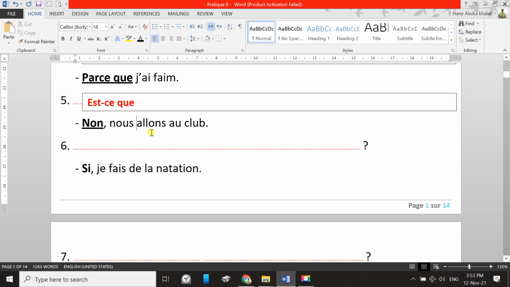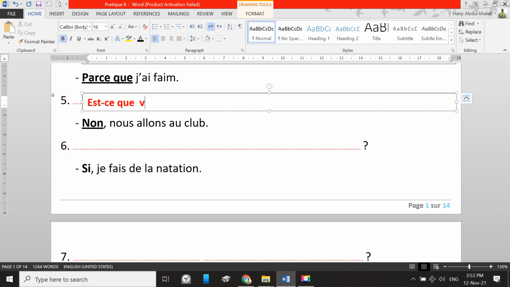We are going to the club. So the sentence is not in the negative form, but it's in the opposite form. So here we say something else. Est-ce que vous allez à la piscine, par exemple? Are you going to the swimming pool? No, we are going to the club. You understand it?